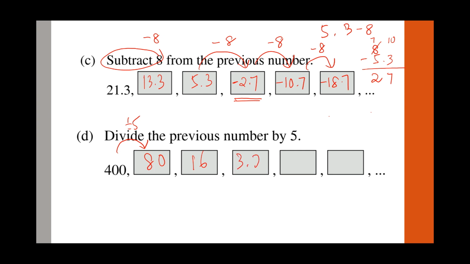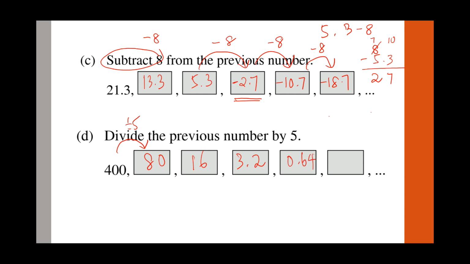Okay, 3.2 divided by 5. Decimal number again. How much is this? Do you have the answer? It should be 0 point something already. 0.64. Okay, 0.64 divided by 5.